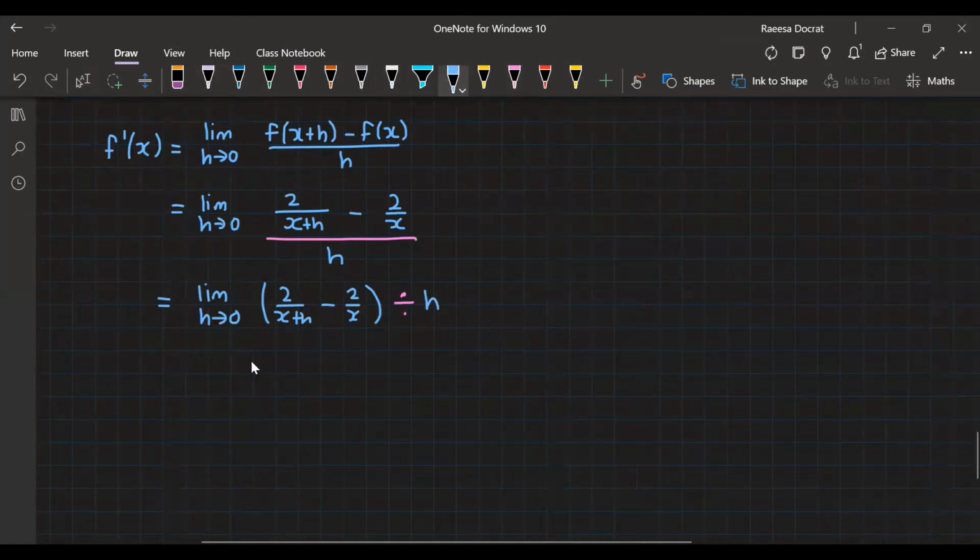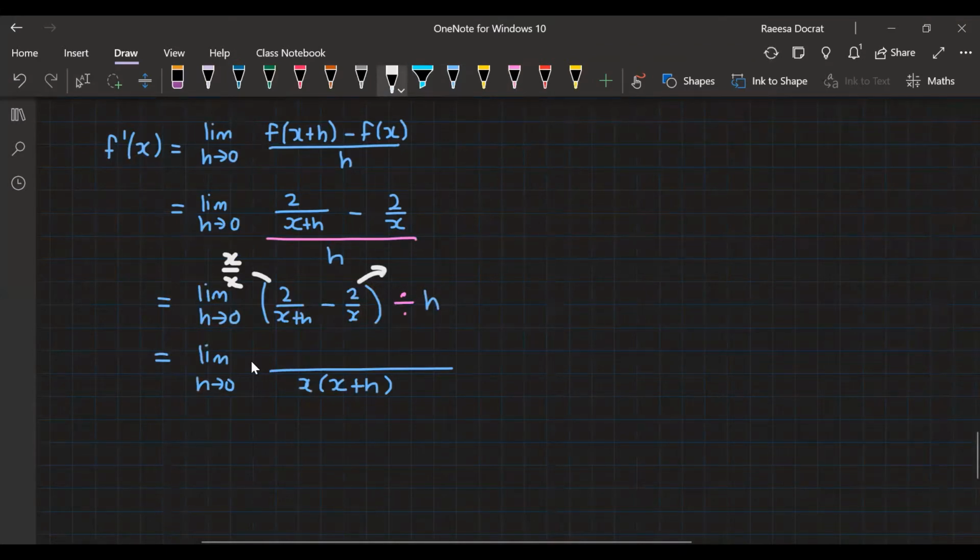Now we can see that in the numerator, we have to subtract two fractions, and to do that we have to get the LCD. The LCD between x and x plus h is x times x plus h. So this one here, I'm going to multiply by x over x to get the LCD, and this term here I'm going to multiply by x plus h over x plus h.